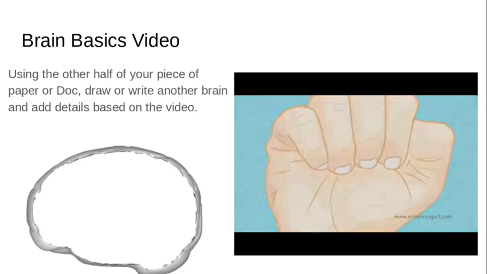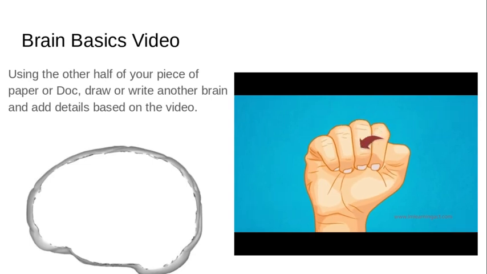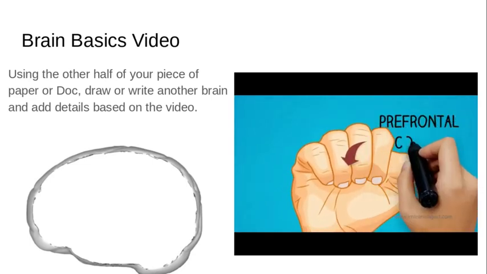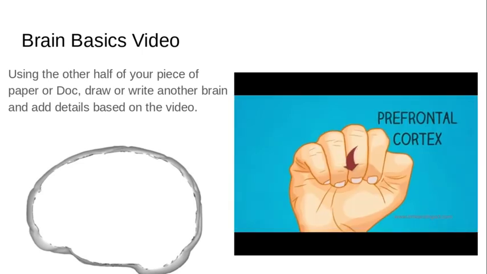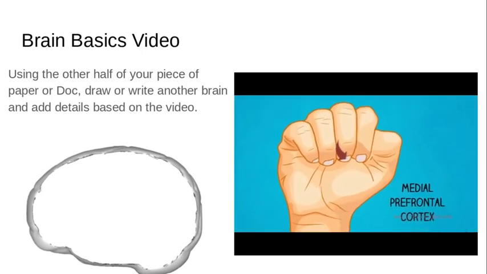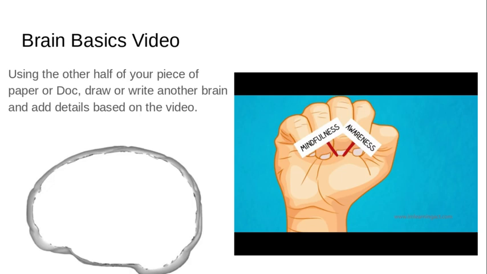And right at the front of the cerebral cortex, you have the prefrontal cortex, the part of your brain that's right up here at the front of your forehead, above your eyes. And particularly important to us is the medial prefrontal cortex, this bit in the middle, right at the front, this bit up here. This plays a very important role in mindfulness and awareness.